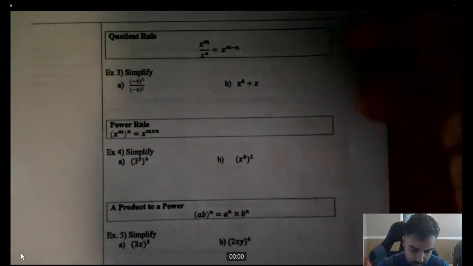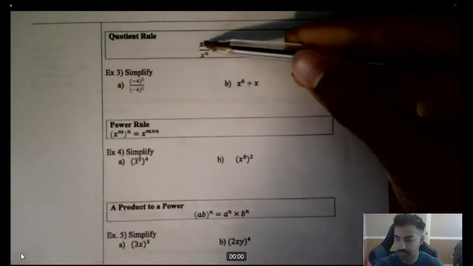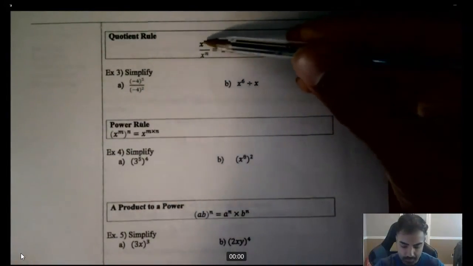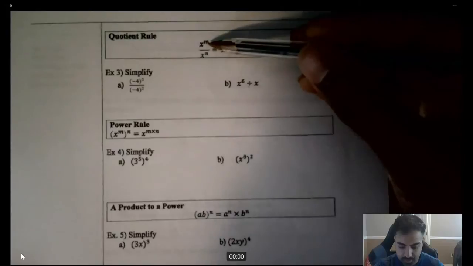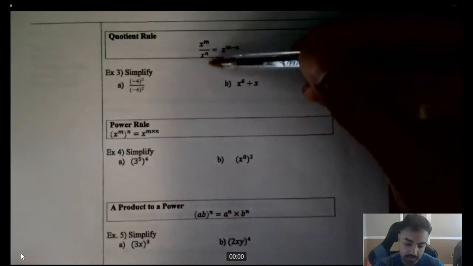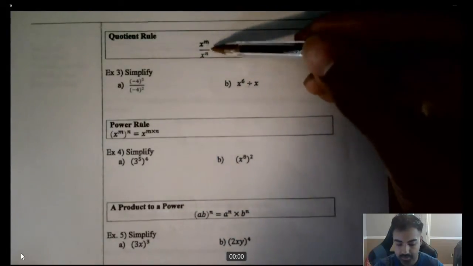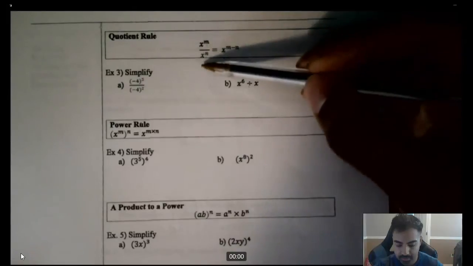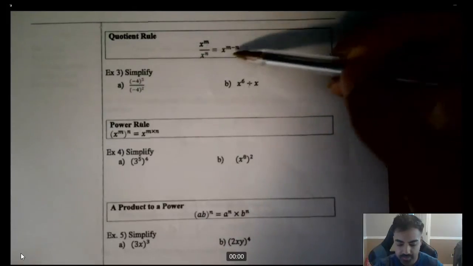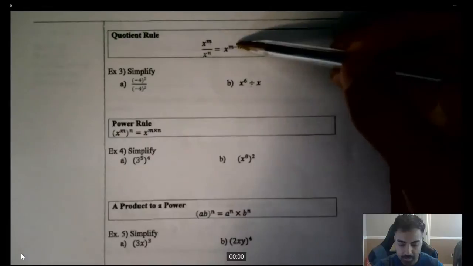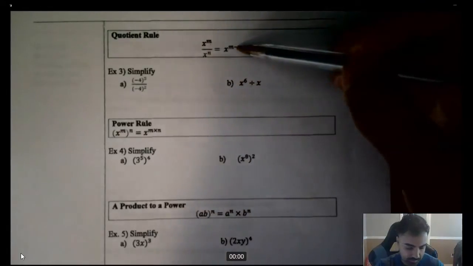Okay, so the quotient rule here. When you have the same base, x, and you're dividing, you subtract the exponents. So x to the power m divided by x to the power n is simply m subtracted by n. Let's take a look at that.